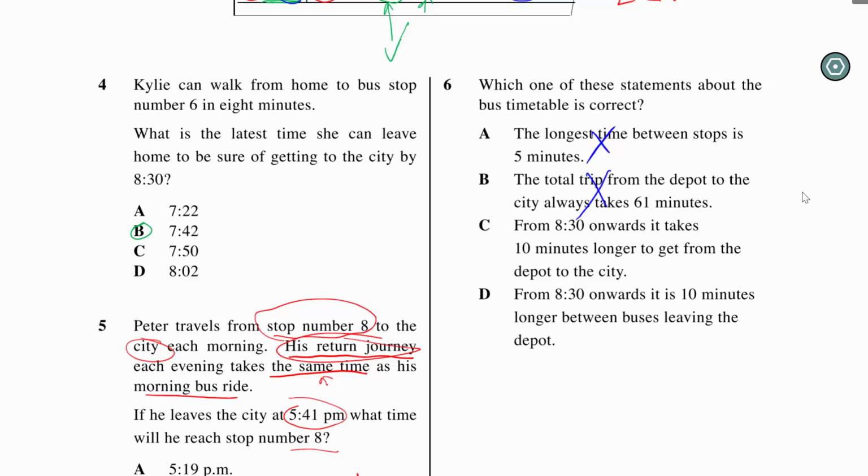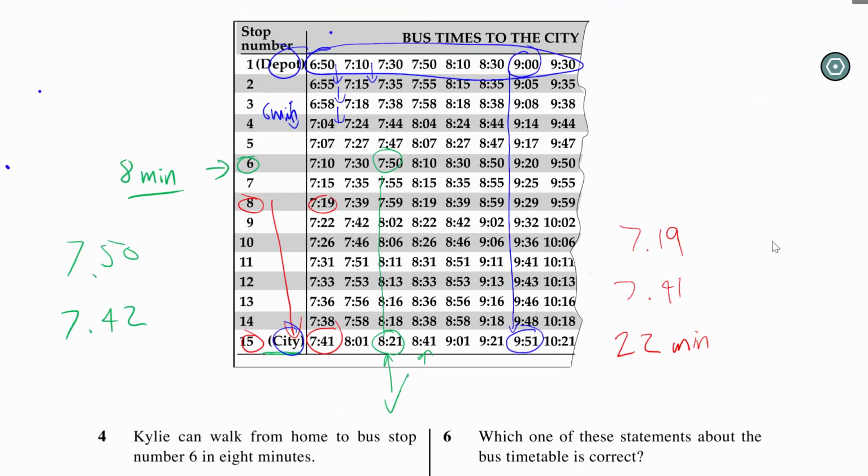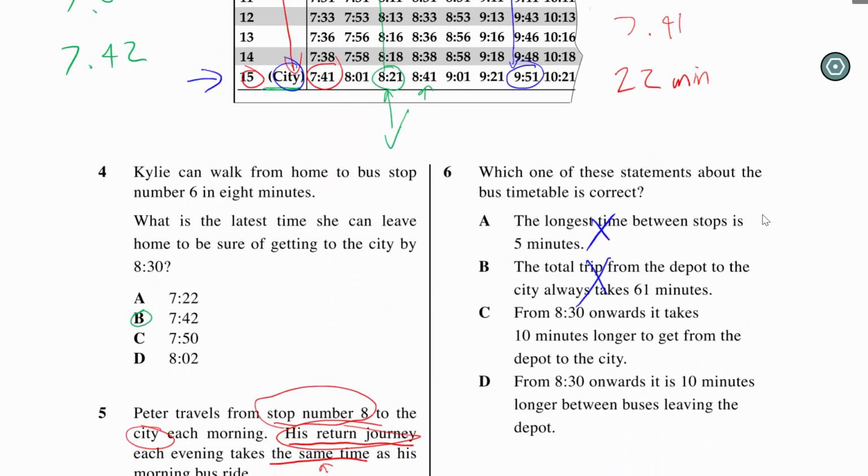C, from 8:30 onwards, it takes 10 minutes longer to get from the depot to the city. So again, the depot is over here and the city is down here. Now the question part C asks, from 8:30 onwards, it takes 10 minutes longer.